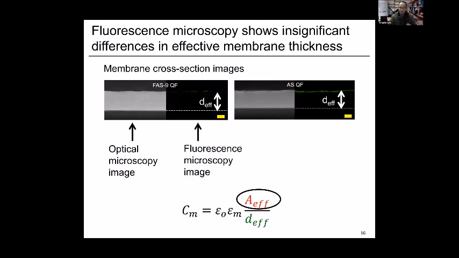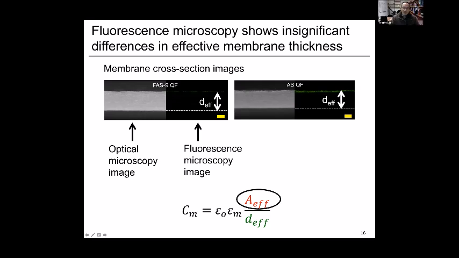Next, we wanted to see whether this effective membrane thickness is actually different among those 4 membranes. So we stained the top surface of each membrane with fluorescence dye and looked at the cross section. On the left-hand side is the cross-section image of the highly wetting-resistant membrane, and the right-hand side shows the cross section of the lower wetting-resistant membrane.